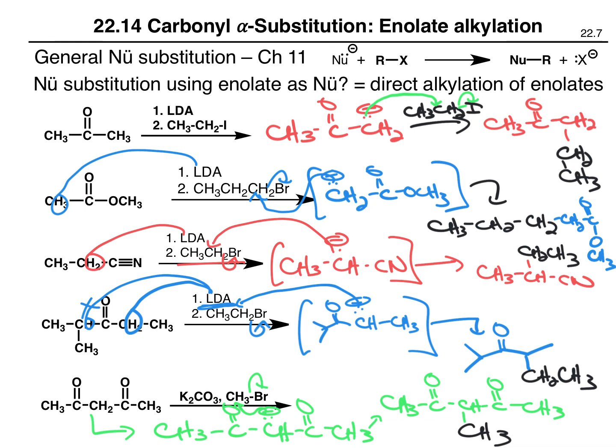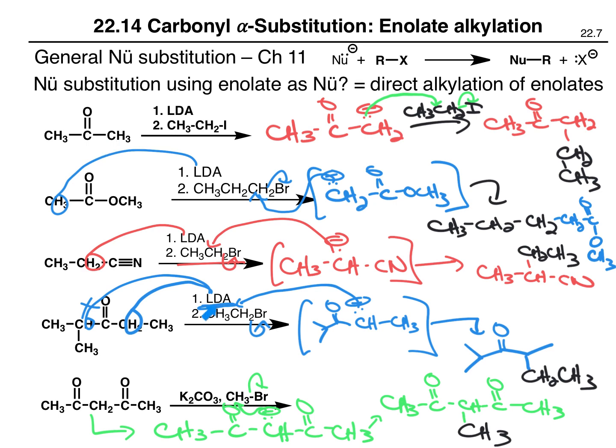So we can see that direct alkylation of enolates does work, but there are limitations. These reactions work best when you have a beta diketone or some other beta dicarbonyl. You can use a mild base to generate plenty of the enolate, which can then carry out nucleophilic substitution. For other ketones, it works best using a strong base such as LDA, but it still works best when you are using a symmetric ketone.